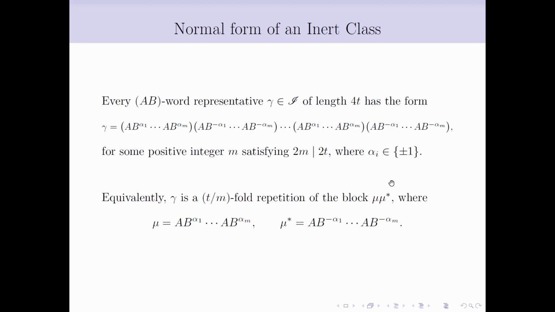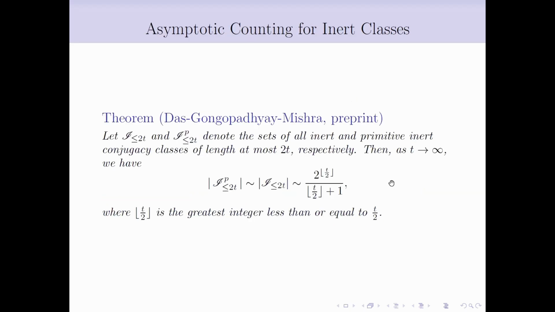All right. Now, that means gamma is a t by m fold repetition of the block mu and mu star, these two blocks. Now, using this normal form, we have been able to obtain this result: you take the inert classes, or also you can take primitive inert classes of word length at most 2t.